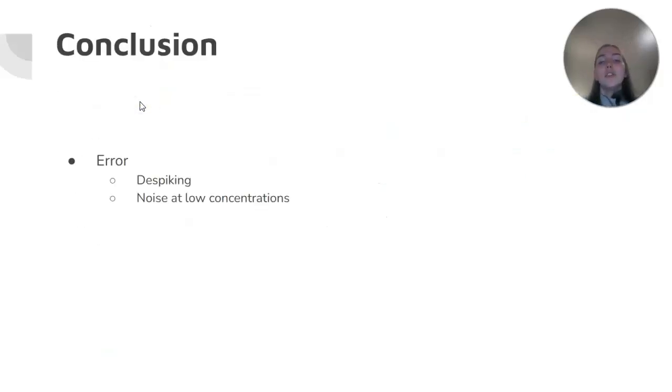So in conclusion, we seem to have found a very clear correlation between the concentration of PCN and the intensity of the spectrum, which indicates that surface enhancing Raman spectroscopy could be a very useful tool for diagnosing people with illnesses.